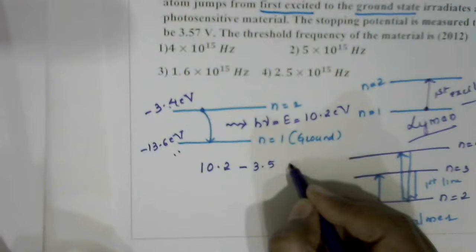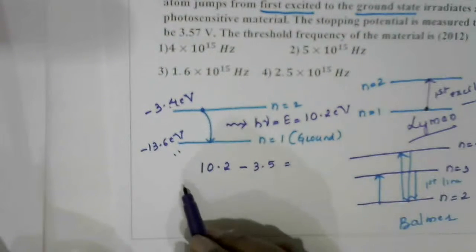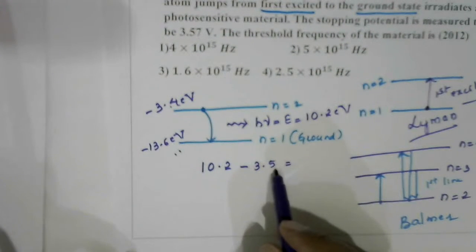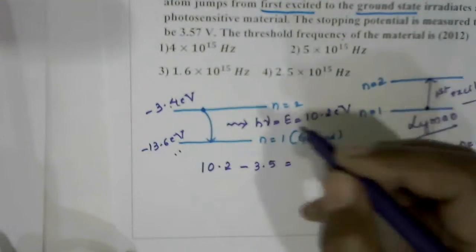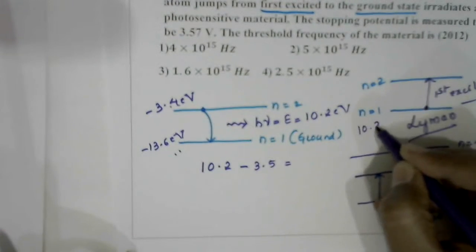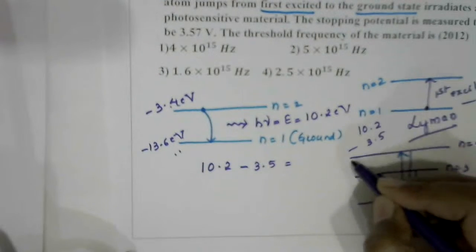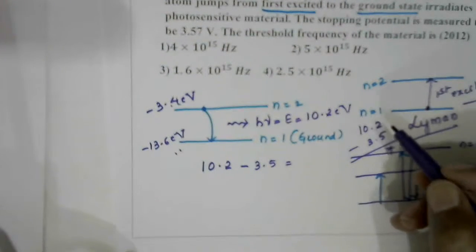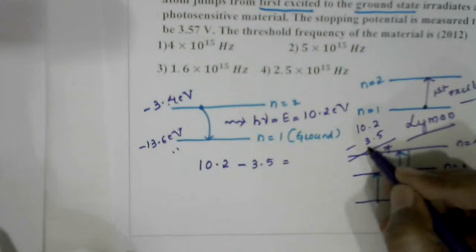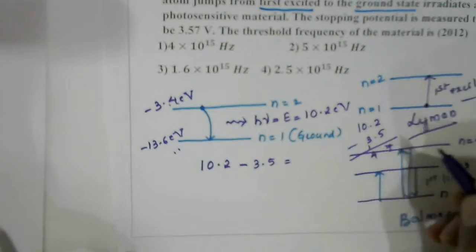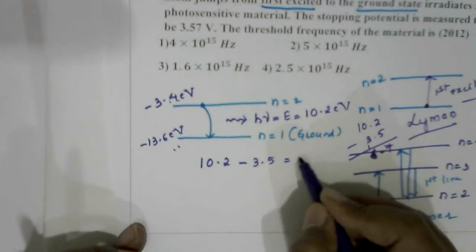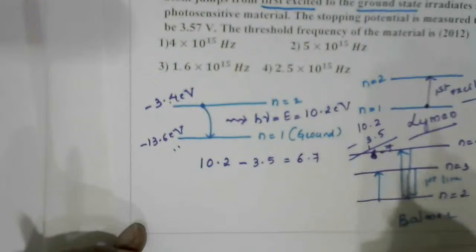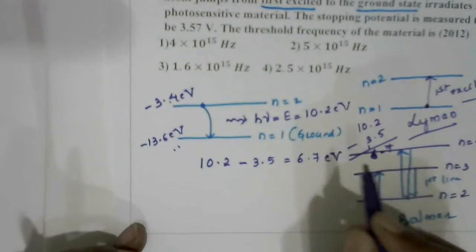So 10.2 minus 3.5, if I transfer, we are going to get 6.7. Okay, so 6.7 electron volt I got.